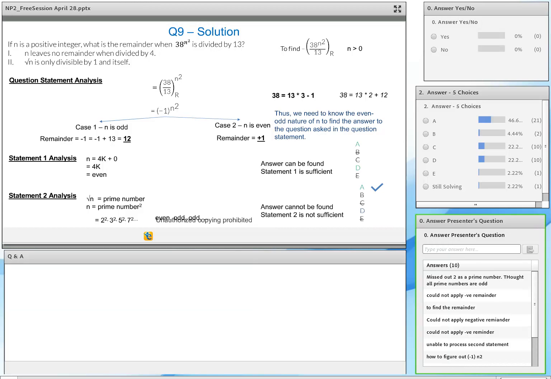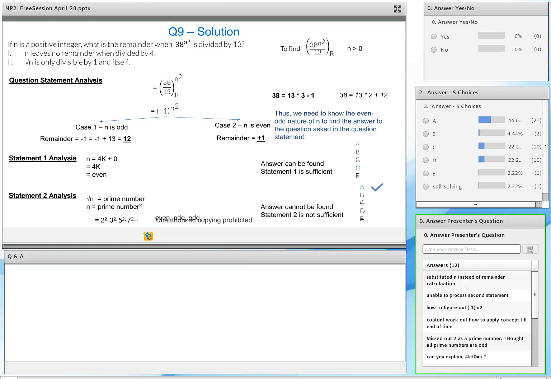Unable to process the second statement, I hope that you are able to process it now. Why in the analysis do you say the remainder is minus 1? Because I always have minus 1 and then finally 12, because I always have to convert my remainder from negative into positive, because on the GMAT remainders are always positive. We are using the concept of negative remainders just in the process to simplify our calculations.